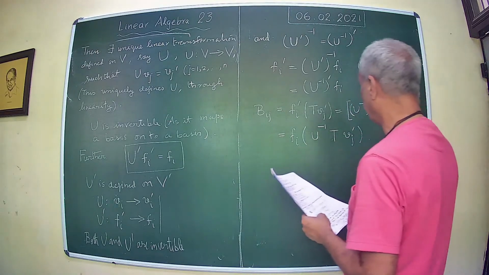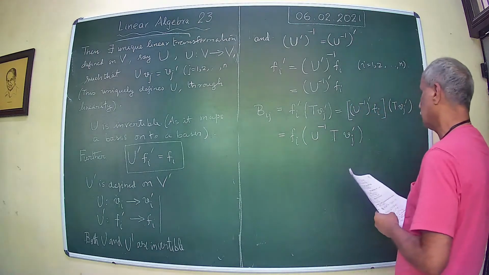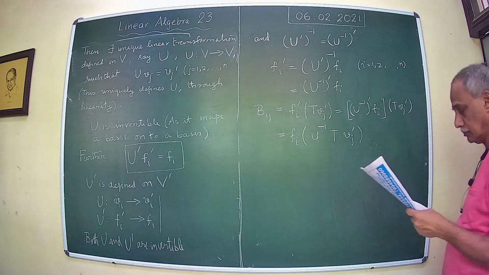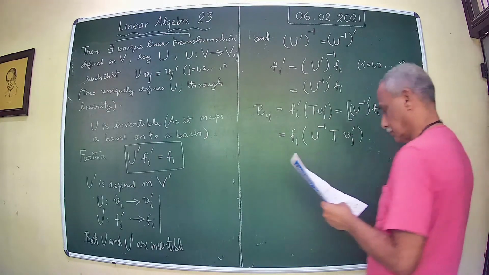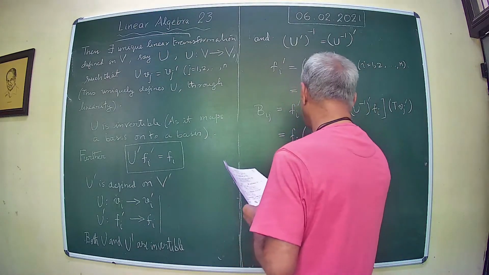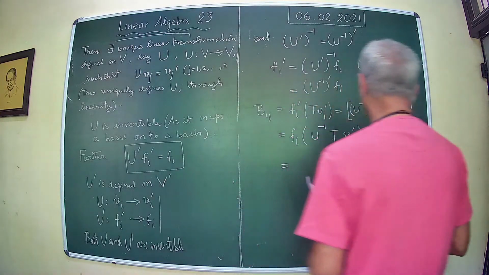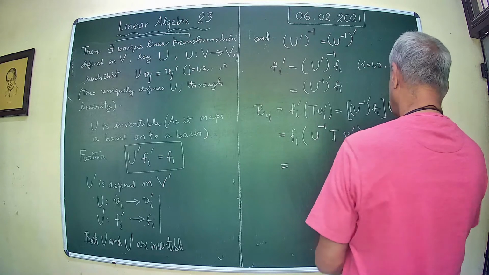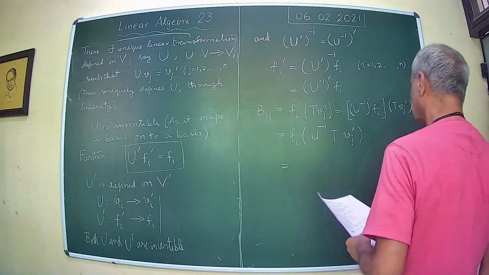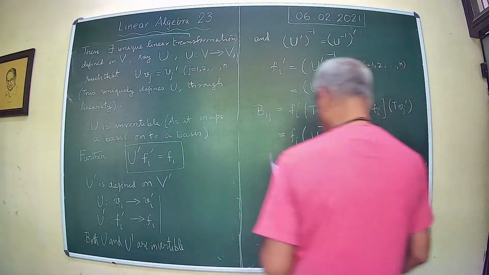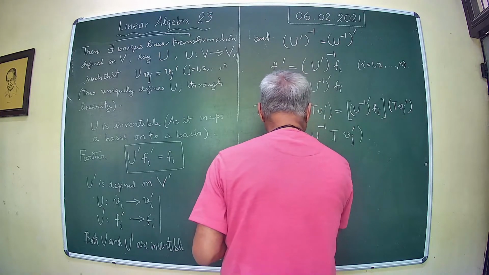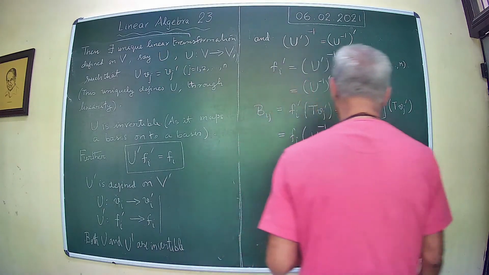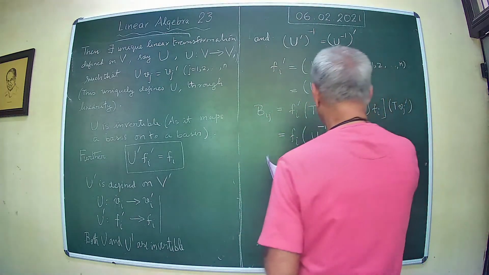The U inverse comes out. This is equal to Fi of U inverse T Vj prime.